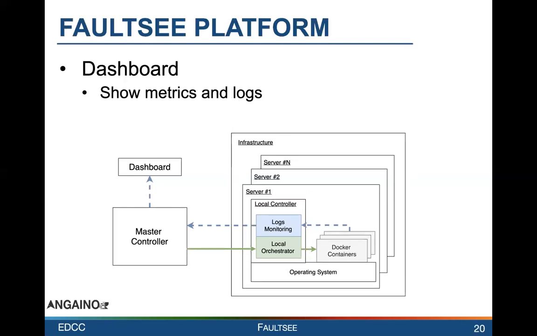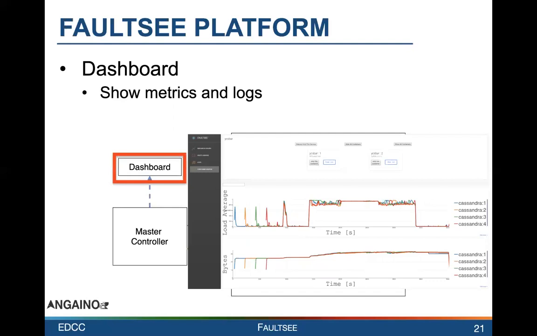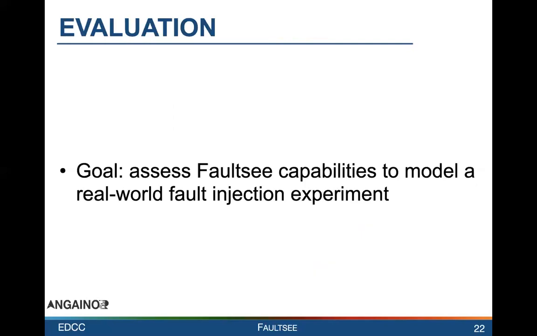And finally, we have a web-based dashboard that allows us to see the metrics and logs and other information about the experiment in a visual interface and also control the experiment from this interface. So with this quick overview, let's now move to the evaluation.